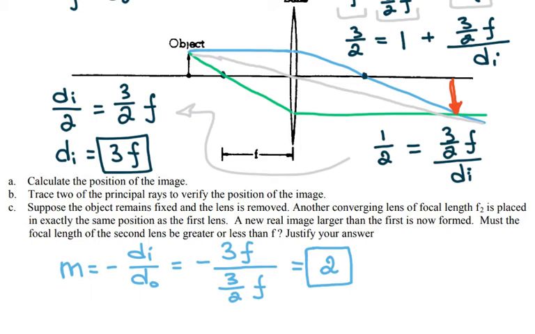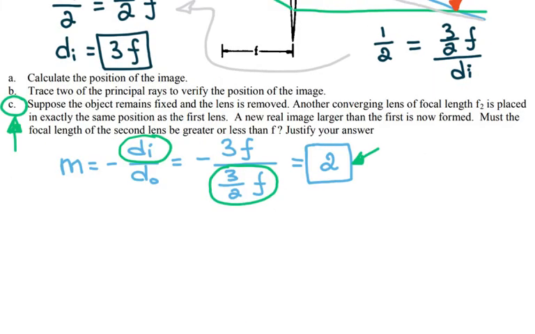Because the position of the object does not change, di must have increased in the second case when they place the second lens that causes the magnification to be bigger than the one we had in the first case.